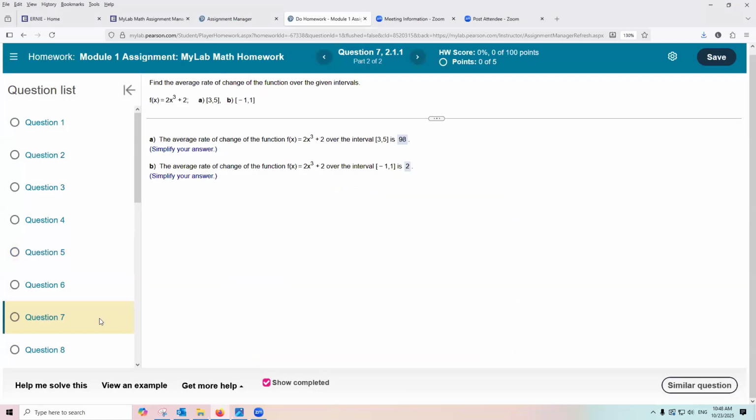All right, let's take a look at a couple more examples here. So here's a question that says, find the average rate of change. Well, average rate of change really means a slope calculation for a straight line. So we want to know the slope of a straight line joining these 2 points.